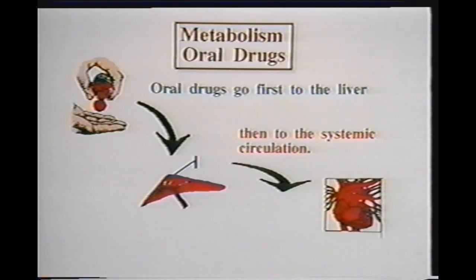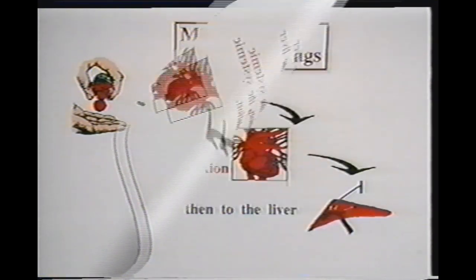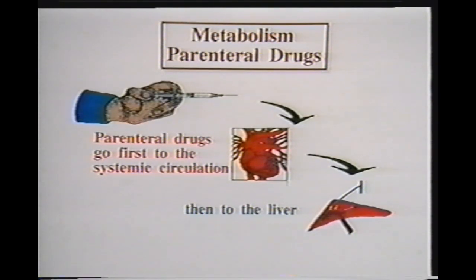So everything that's picked up from the mouth, from the GI tract, goes to the liver, then to the systemic circulation. This means that you often have to have higher doses of oral drugs than you do parenteral drugs, because they're going to be broken down in the liver before they get into the bloodstream. Parenteral drugs, on the other hand, get first into the systemic circulation and then to the liver. So that's an important difference between those two.